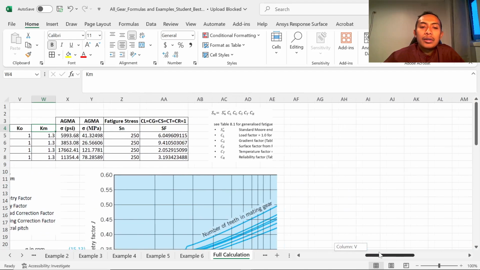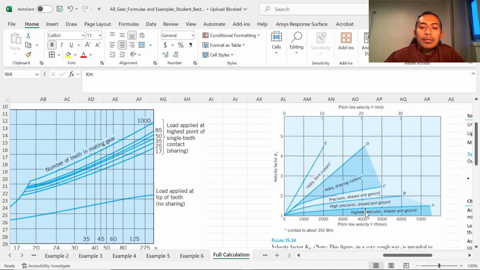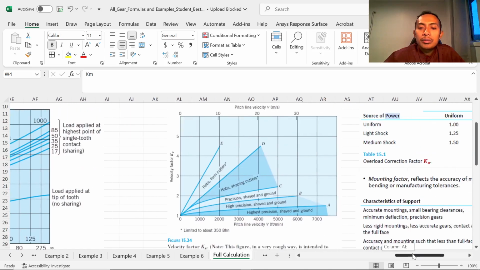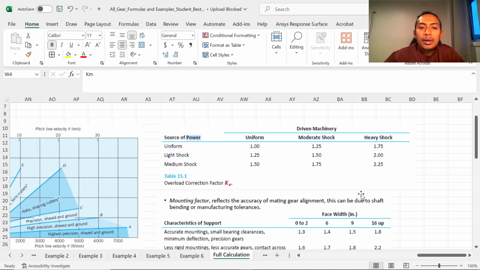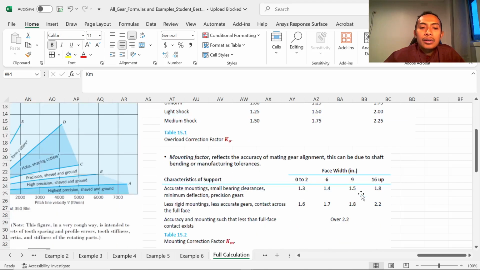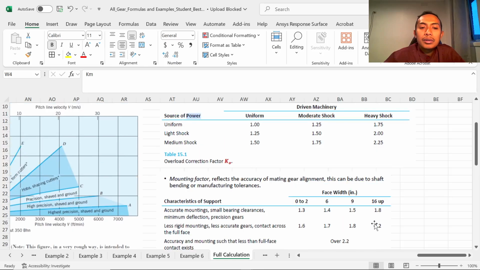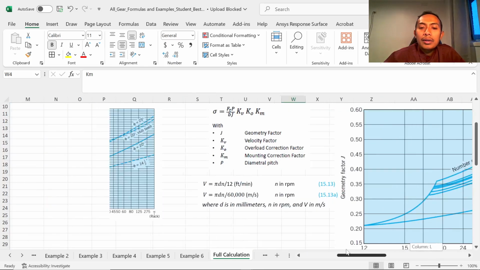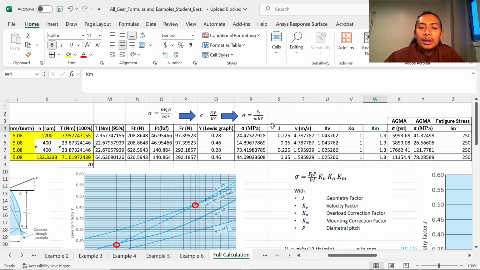All of these values are actually available in the textbooks. This one is for KV, this one for overload correction, this one for mounting, and you put everything together. This is not a big deal actually. It's just like matching the graph, not really requiring high order thinking.